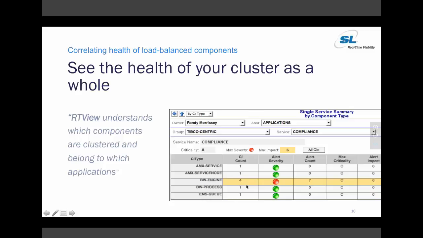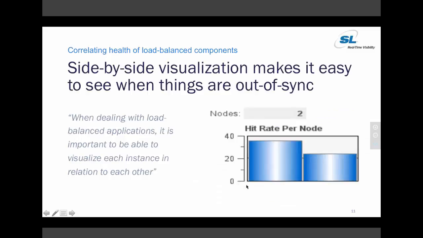And out of my 4 servers, I've got 7 total alerts. Again, boom, I can click through to this, find the exact BW engine or engines that's causing me problems, and again, go about fixing that as soon as possible.